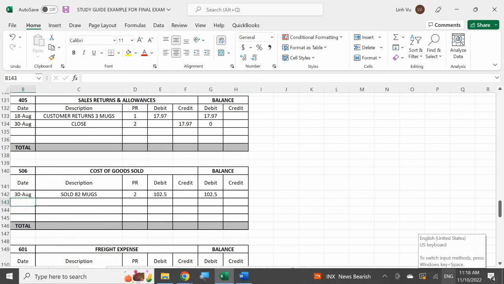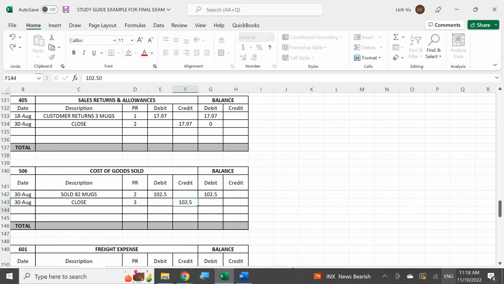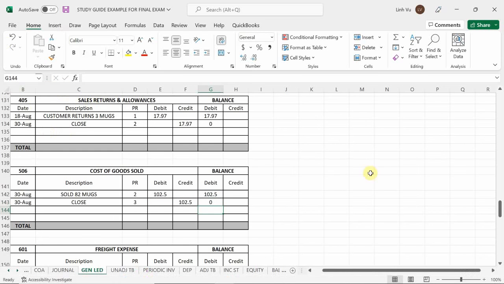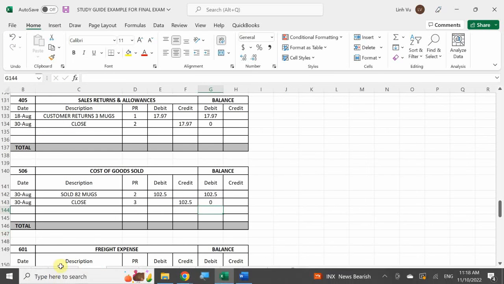All right, so in this case, 830, we're going to close out my cost of goods sold. We're on page 3 now, where we're going to credit 102.50, which will bring my account balance to 0. So I need to journalize that.